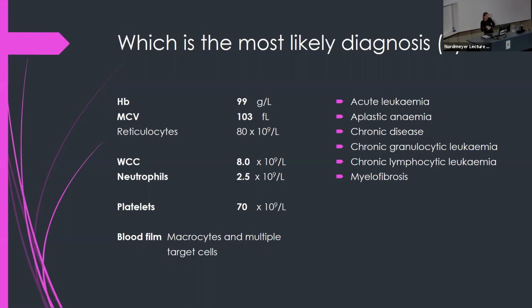It's not CML, chronic myeloid leukemia, chronic granulocytic leukemia, because that causes neutrophilia. It probably isn't CLL, because there aren't enough white cells left to cause an excessive lymphocytosis.